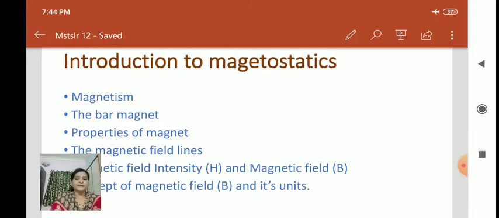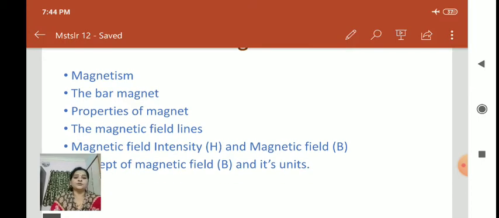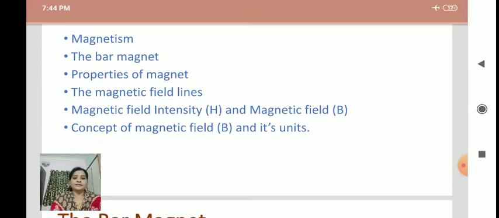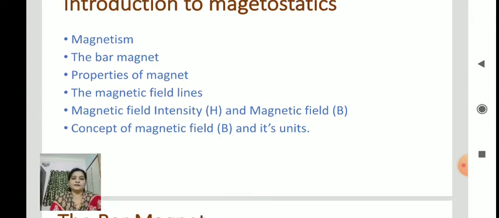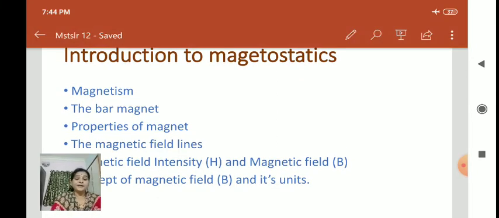Generally, magnetic materials are classified into diamagnetic, paramagnetic, and ferromagnetic materials, depending upon their properties. Now the materials which are not attracted by a magnet are known as non-magnetic materials. Wood, paper, plastic are some materials which are not attracted by a magnet.